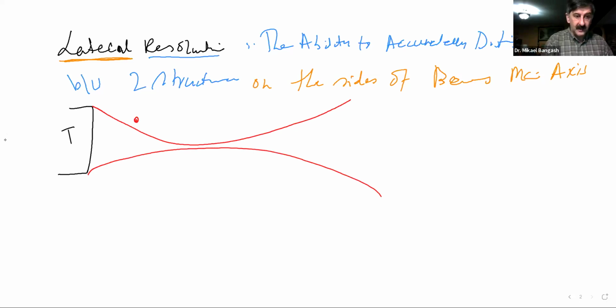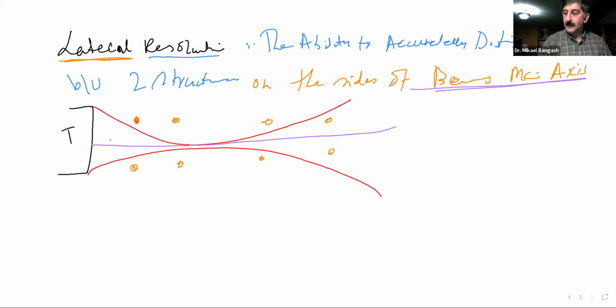So when it says on the sides of the beam's main axis, this is going to be the sides of the beam. For instance, this here was the beam's main axis.